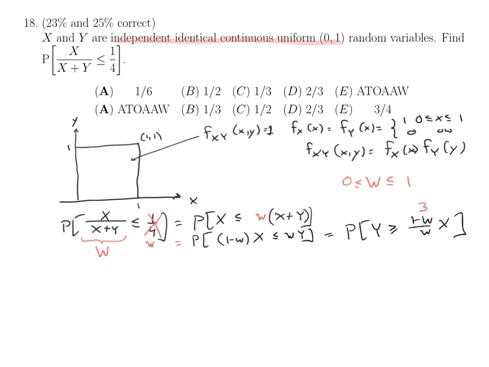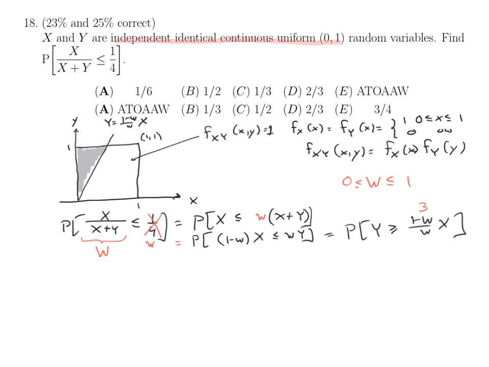So now what you do is you draw the straight line where y equals ((1 minus w) over w) x, right? And the probability we're interested in is this probability. The probability we're in that triangle, right?